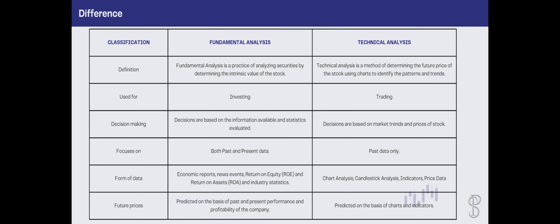This is on one piece of paper. This is all that you need in front of you. So the primary difference is that fundamental analysis looks at the intrinsic value of a stock. In comparison, technical analysis looks at charts and patterns and trends.